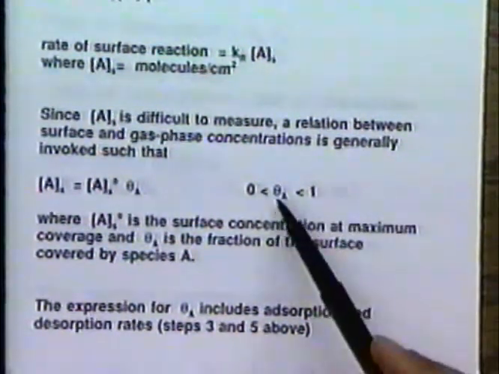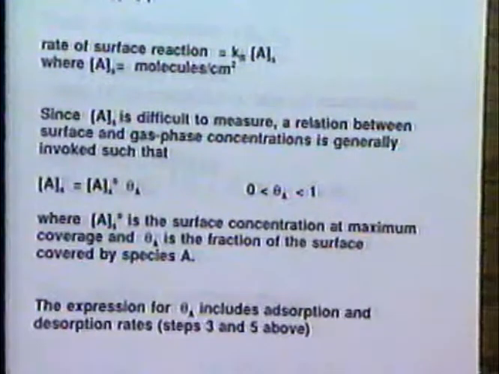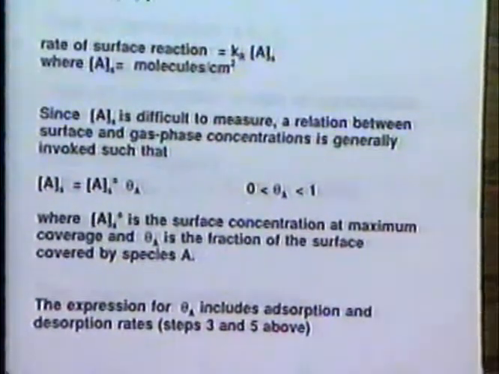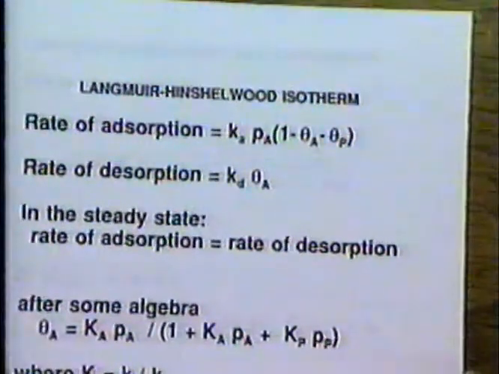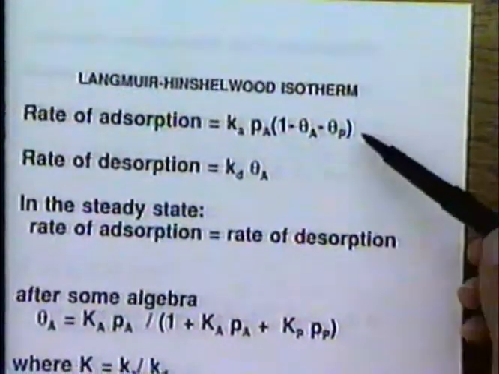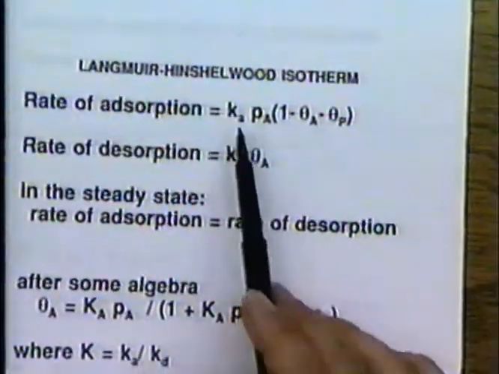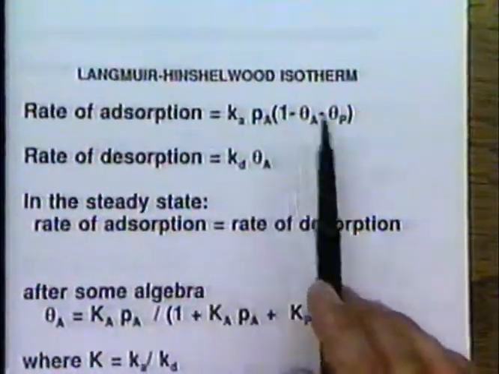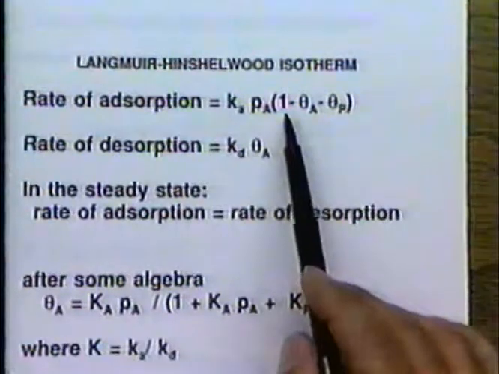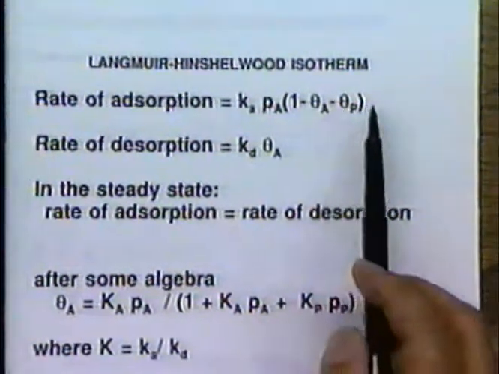This is also called the fractional coverage of the surface, and an expression for this surface coverage will include the adsorption and desorption rates. We will try to find that expression by writing the rate of adsorption equal to k_a times the partial pressure of the gas times the fraction of the surface which is available for adsorption.